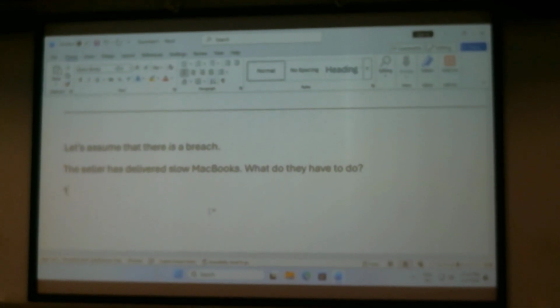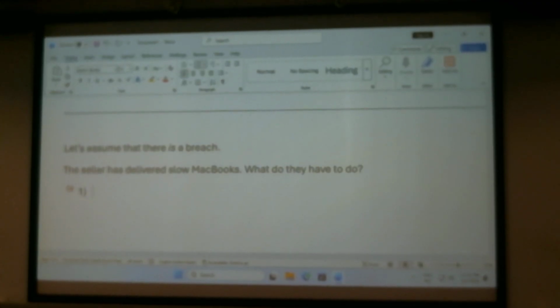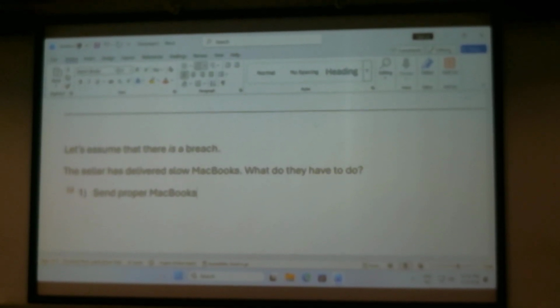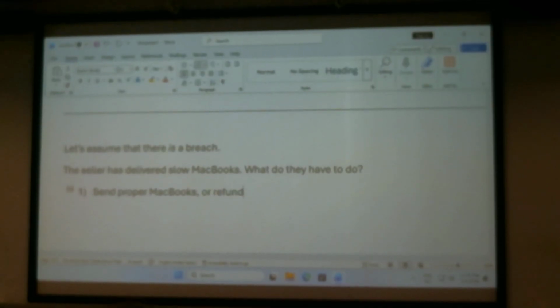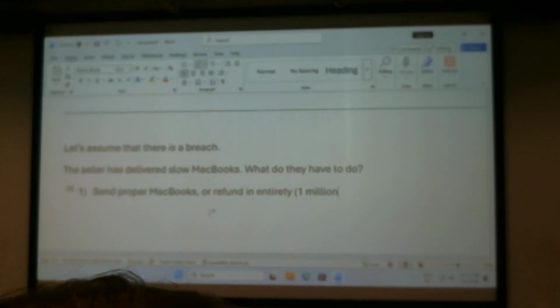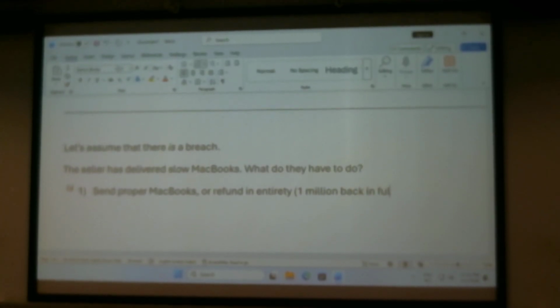Well, first, assuming a breach, they would have to send proper MacBooks or refund in entirety. Let's assume that is 1 million. Back and forth. So that is what they have to do. They have to send proper MacBooks or refund in entirety.